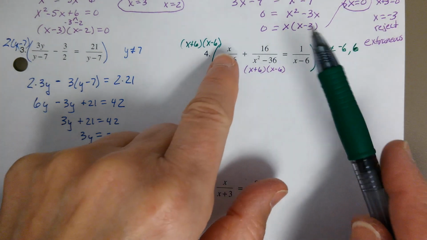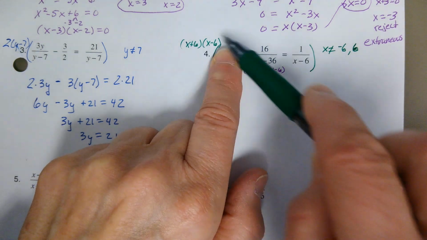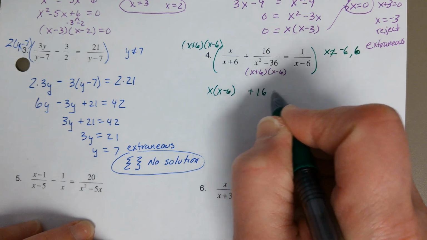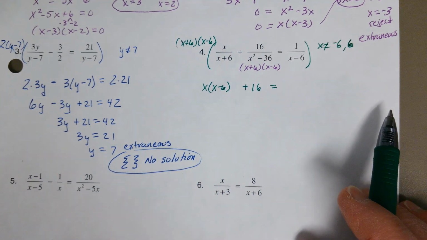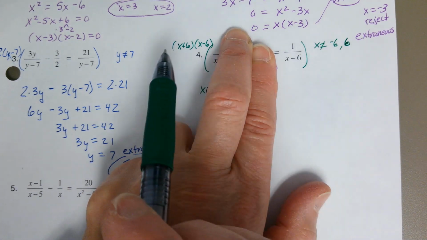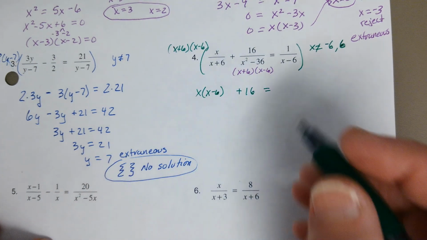Taking the second fraction, they both divide out. So we're just left with 16 equals. And taking the last fraction, covering these up, see how the x minus 6's divide out? We're left with 1 times x plus 6.